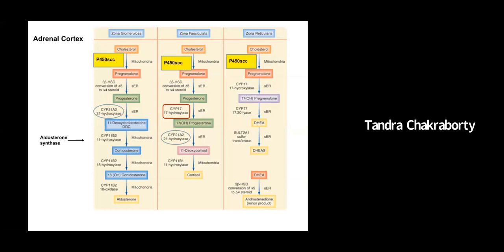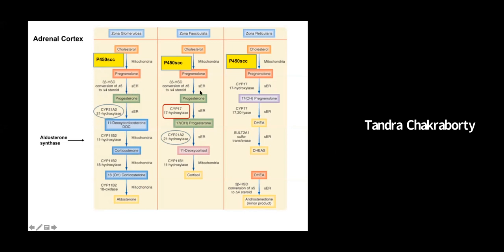Number one, the starting material is cholesterol, and the cholesterol from the cytosol moves into the mitochondrial outer membrane, and in here there is an enzyme which is known as P450 side chain cleavage enzyme, and this is present in all three of the tissues, which is able to convert it into pregnenolone.